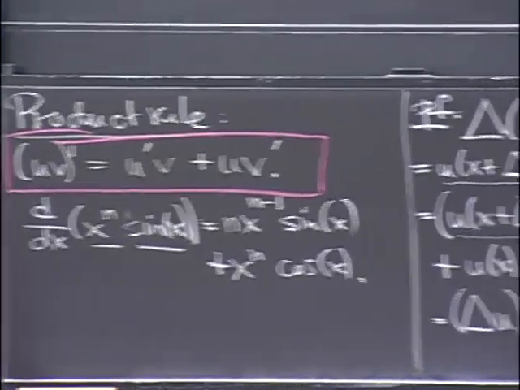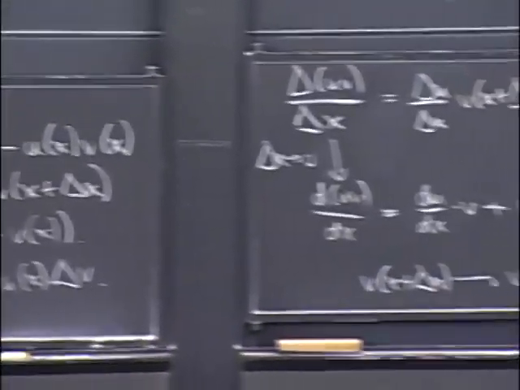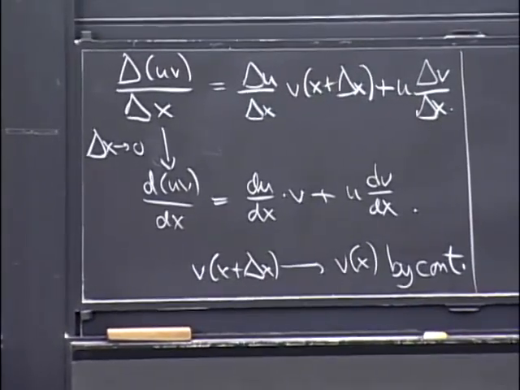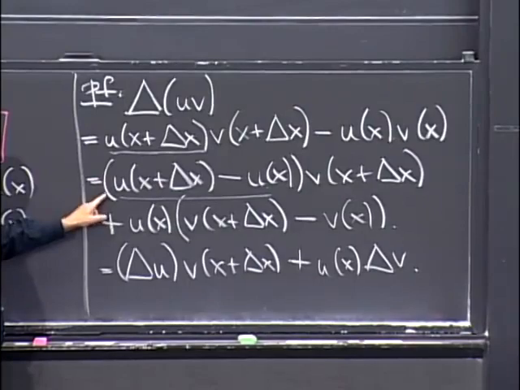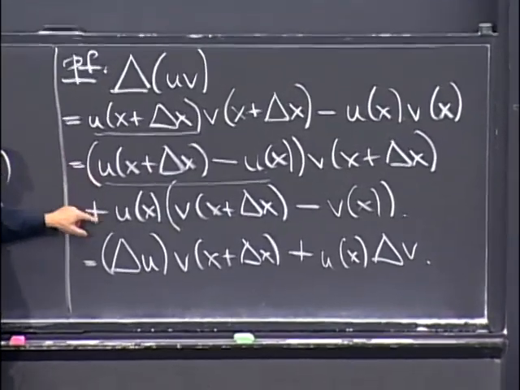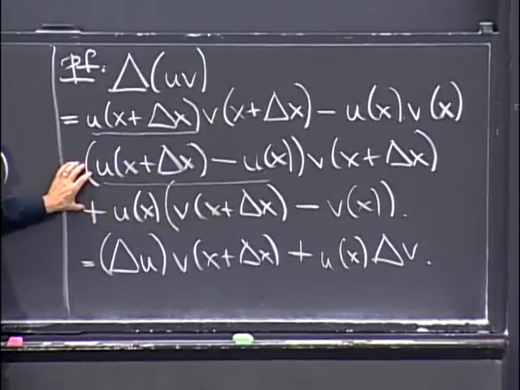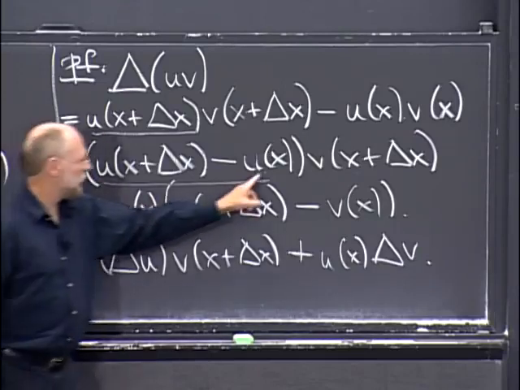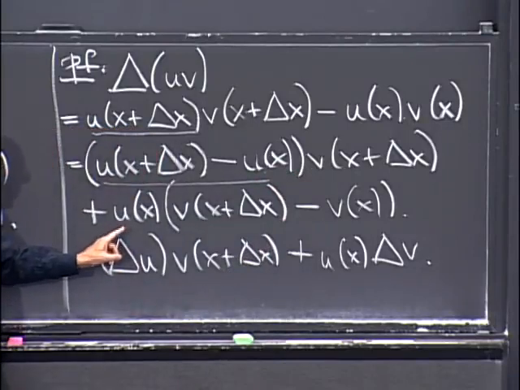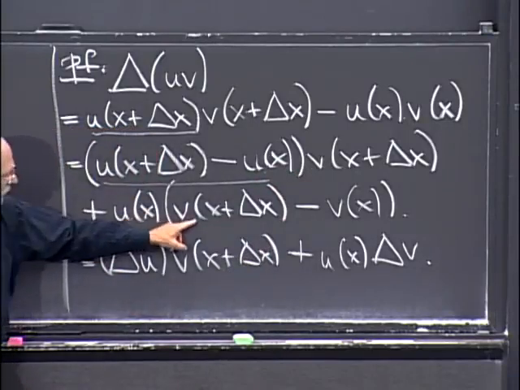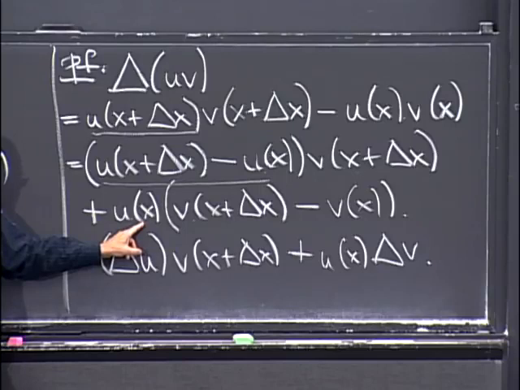Yeah? How did you get from the first line to the second of the long equation? From here to here? Yeah. Well, maybe it's easiest to work backwards and verify that what I wrote down is correct here. So if you look, there's a u times v of x plus delta x there, and there's also one here. And they occur with opposite signs.